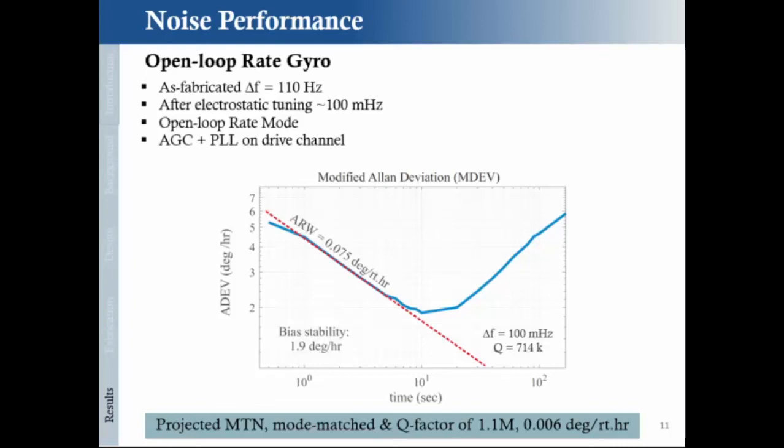The device performed at the level of 0.75 degrees per square root hour, with a bias on the order of 1.9 degrees per hour. The mechanical thermal noise limit of the device, with this quality factor and mode matching, is one order of magnitude lower. So there is room to improve this device's performance by an order of magnitude.